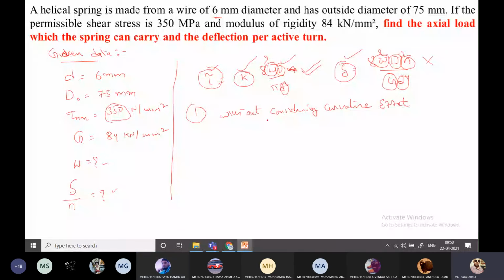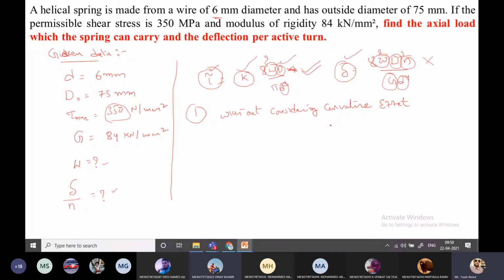No, first one is without considering the curvature effect. Sir, can you just write the answer brighter, sir? It's too thin, can't see exactly. Please repeat again. Your writing is too thin, sir. Can't see it.